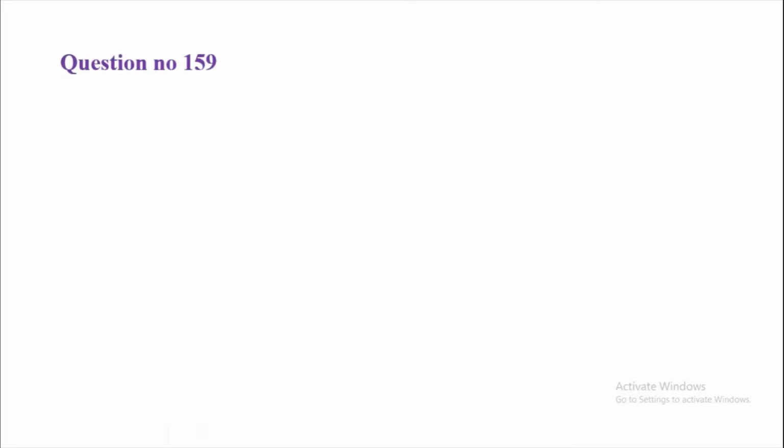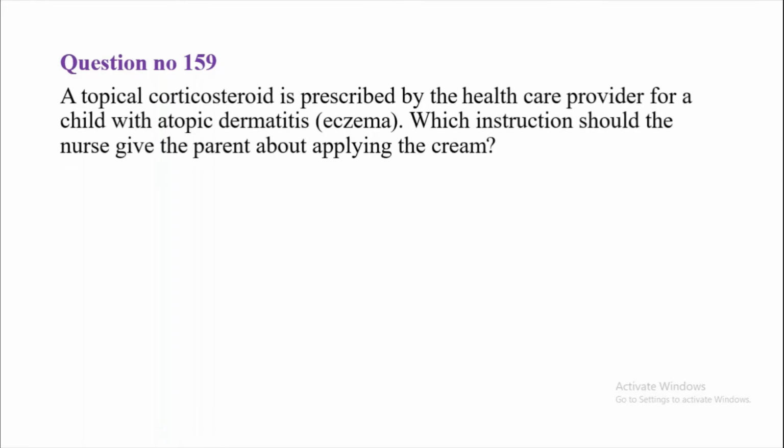Question number 159. A topical corticosteroid is prescribed by the healthcare provider for a child with atopic dermatitis, eczema. Which instruction should the nurse give the parent about applying the cream? The options are: number A, apply the cream over the entire body.